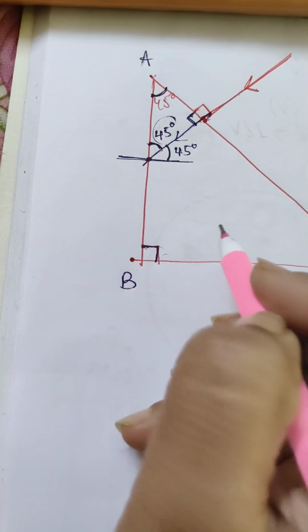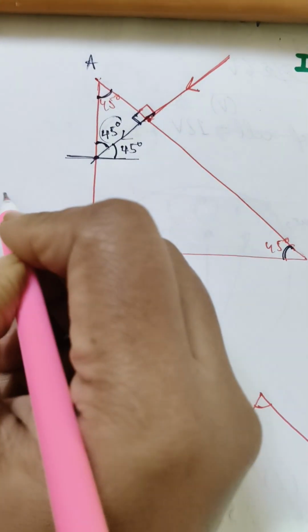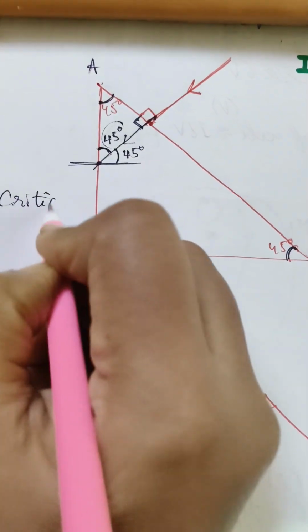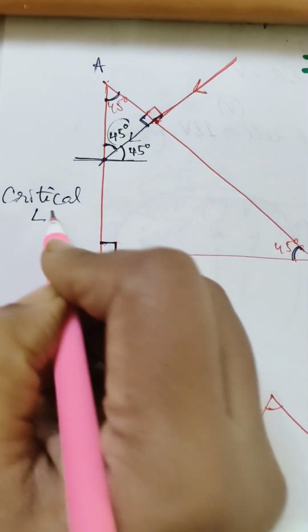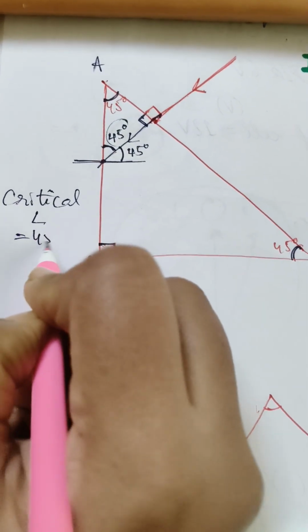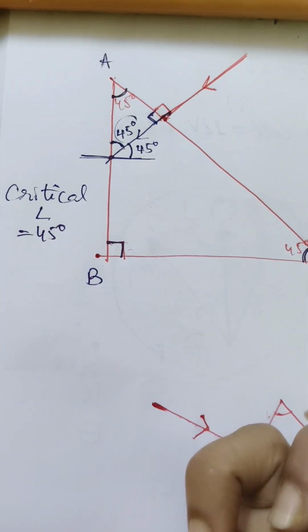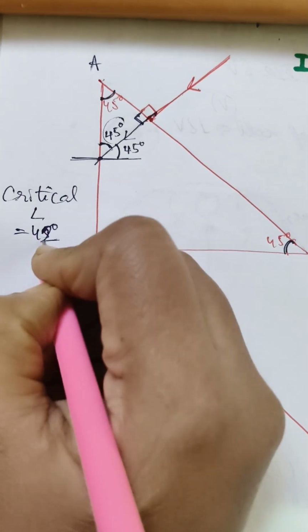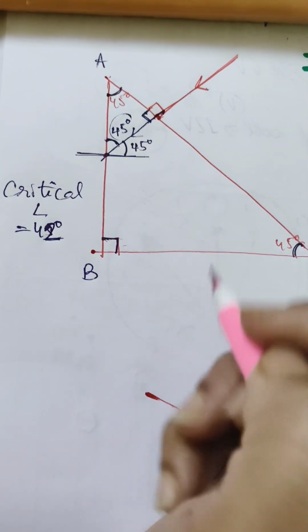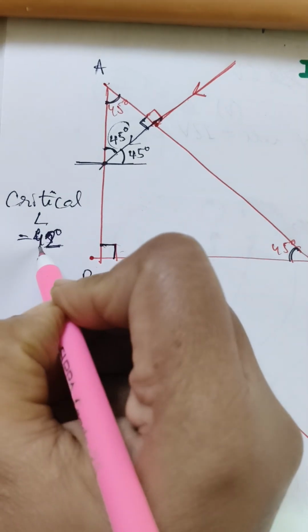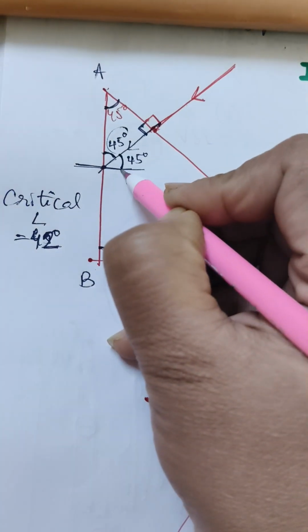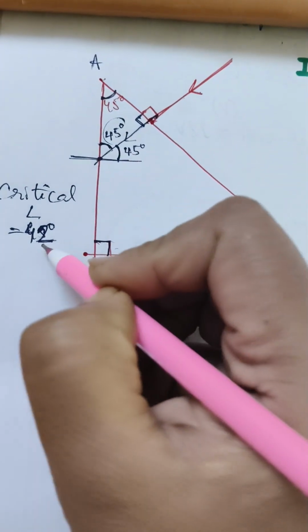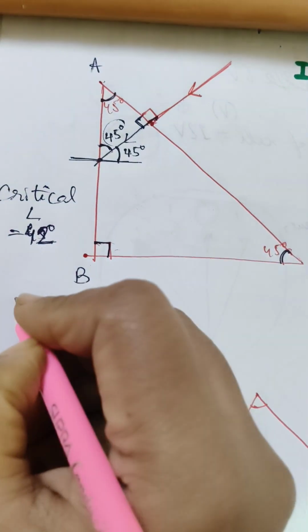Now, it's very well known to you that the critical angle for glass is 42 degree. Sorry, 42 degree. All right. Now, your angle of incidence is 45 degree, which is greater than the critical angle 42 degree.